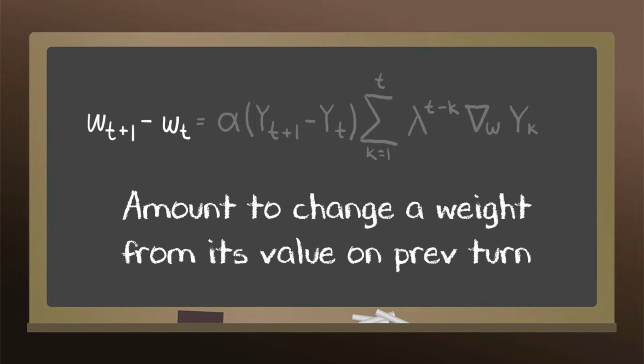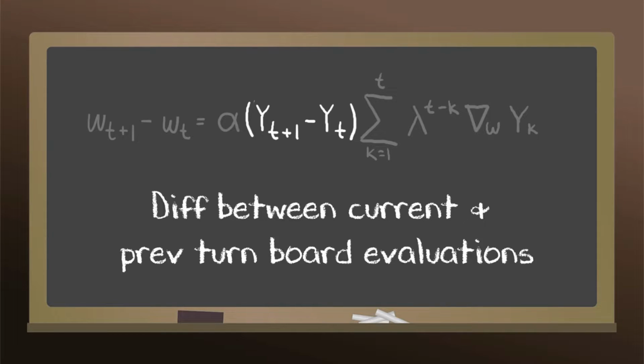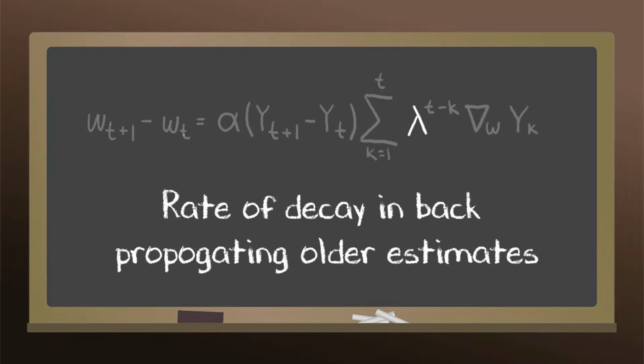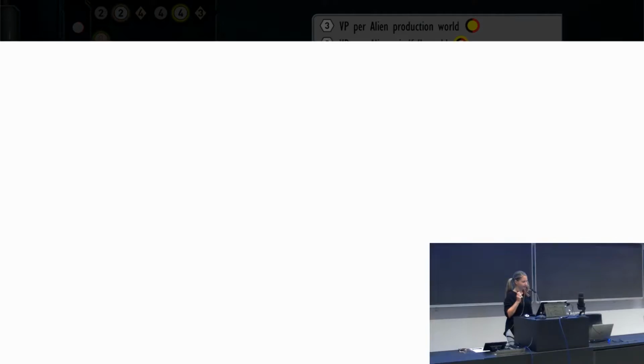The first number is how much you're going to change a weight from its value on the previous turn. Alpha is a learning rate parameter. We have the difference between current and previous turn board evaluations, and the rate of decay in backpropagation. Backpropagating older estimates, I'll talk a little bit more about that. And how much changing the weight is going to affect the output.